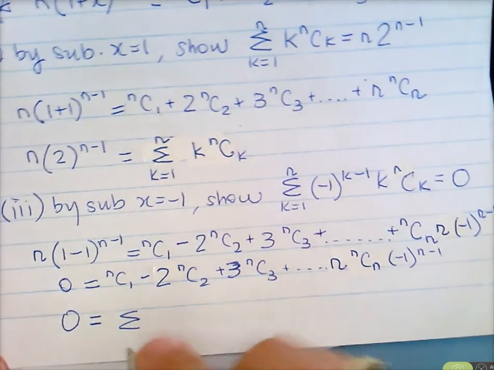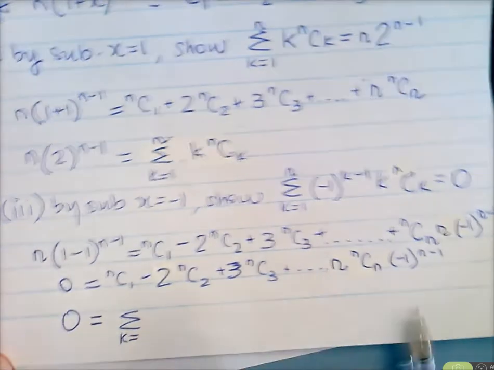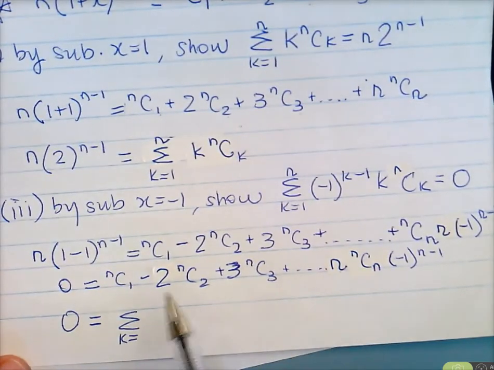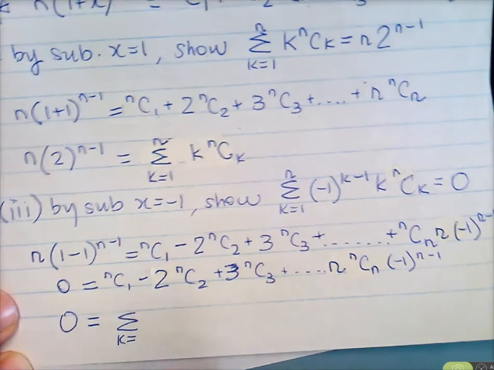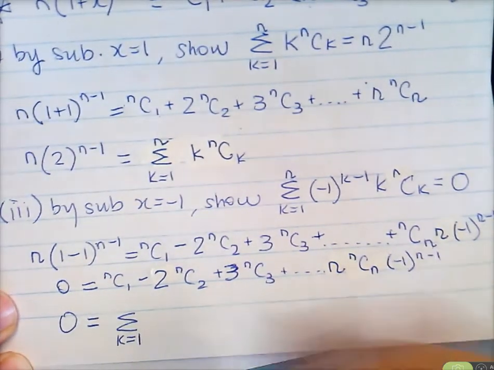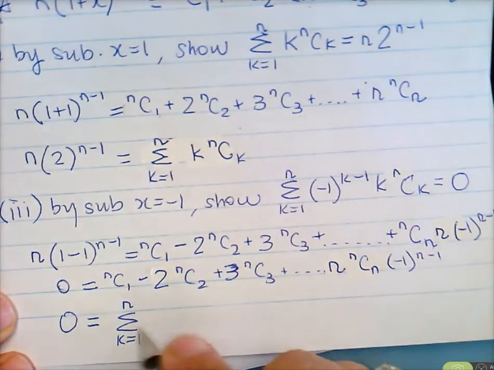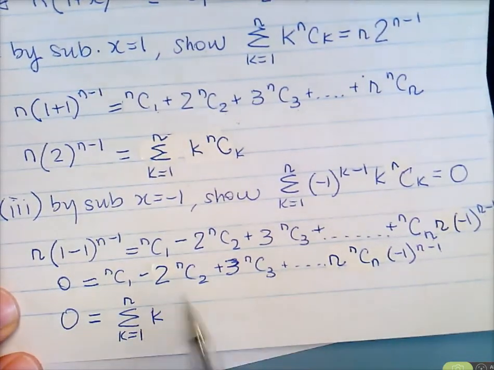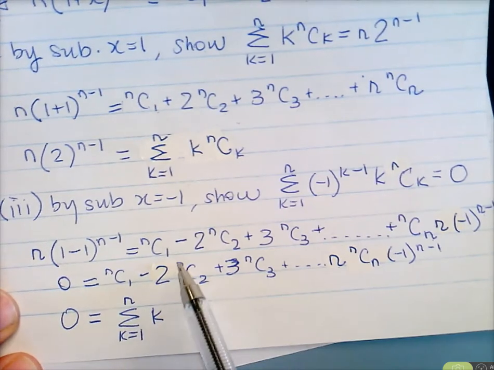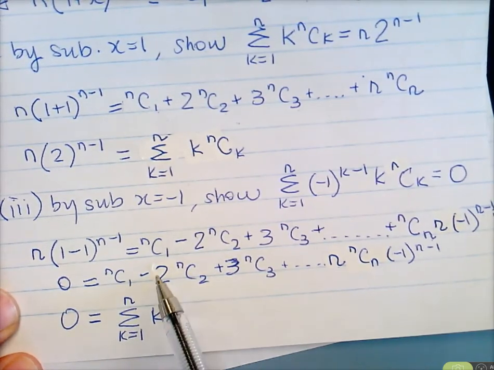But we've got the sum starting from k is what? K is 1 up to n. Now, you've got k, you know how you've got nC2 times this?